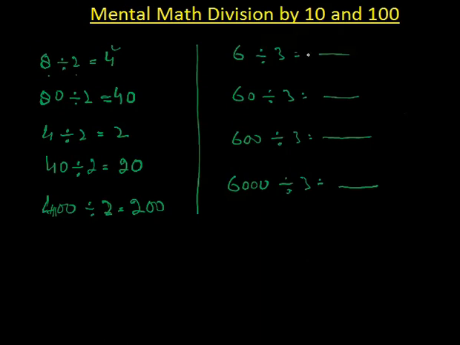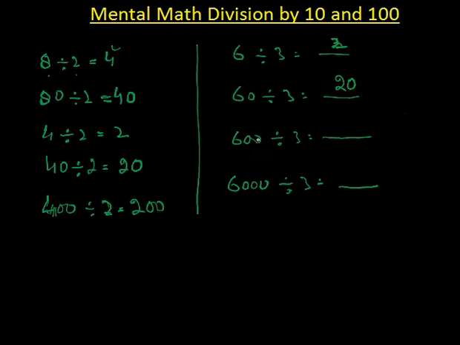So 6 divided by 3 is basically 2. 2 is here, 3 times 2 is 6, and similarly here 3 times 2 is 6, but the 0 is added here, so we must add 0 here as well, so it becomes 20, or 3 times 20 is 60.